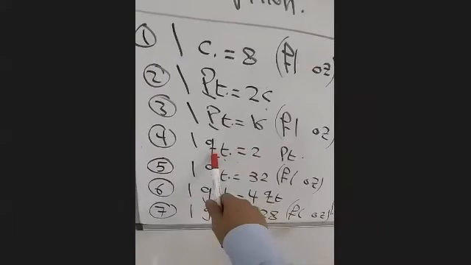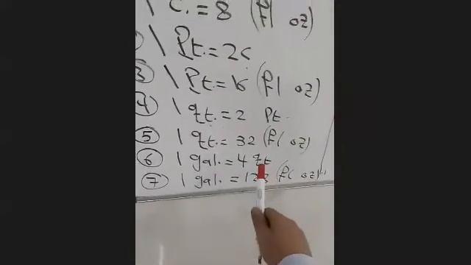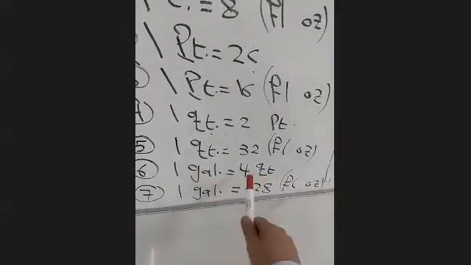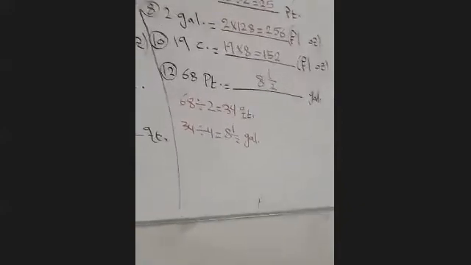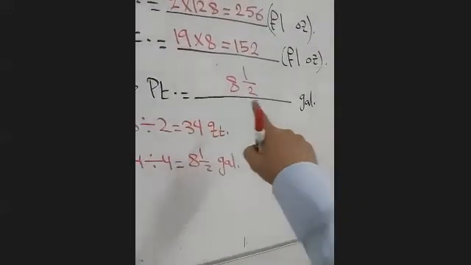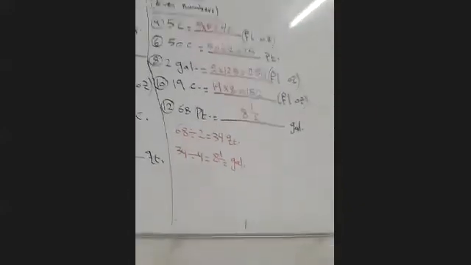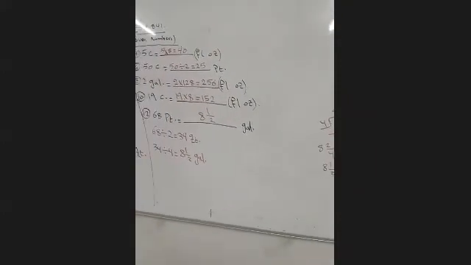I can turn from pint to quart by dividing by 2. I did it. Then turn from quart to gallon by dividing by 4. I did it. So the answer is 8.5 gallon. Do you understand it? Yes. Good boy. This is question 12, guys.